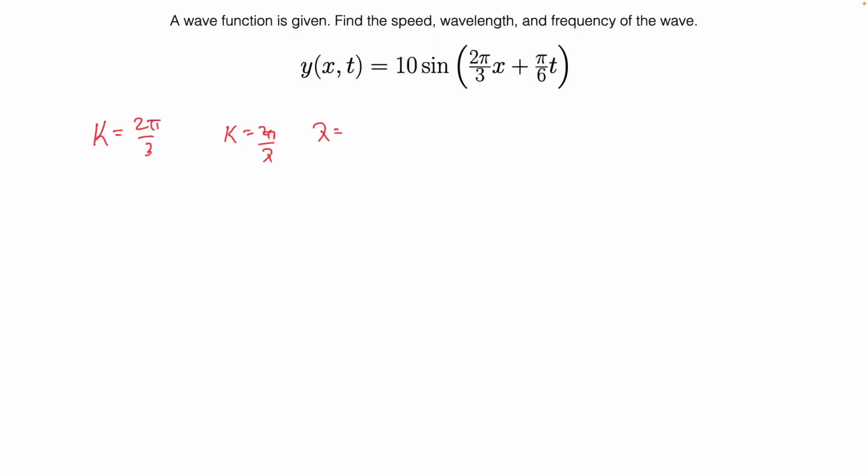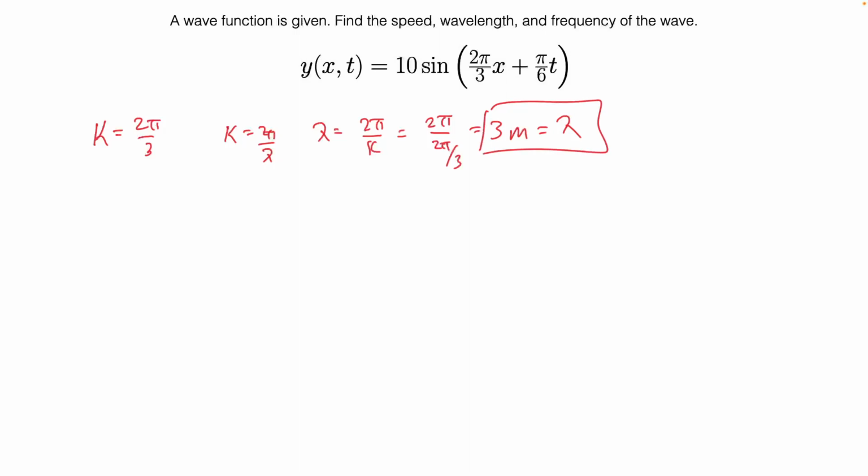So our wavelength has to be 2 pi divided by our wave number. So that's 2 pi over 2 pi over 3, which last time I checked was 3. 3 what? Meters, because we're using SI units. And we're finding a wavelength. Okay, so we found the wavelength.